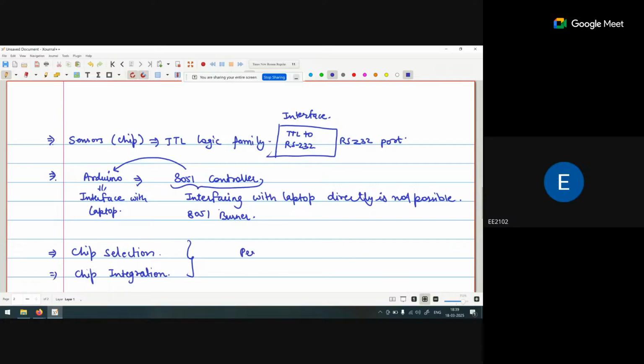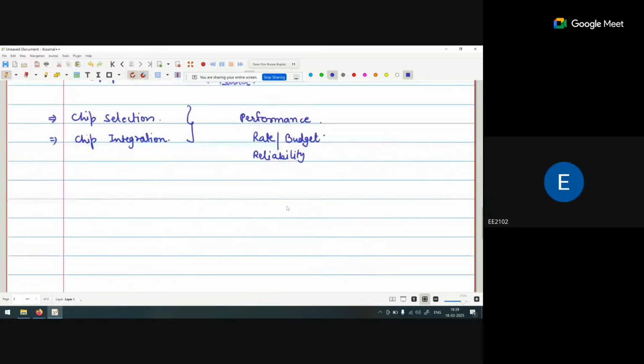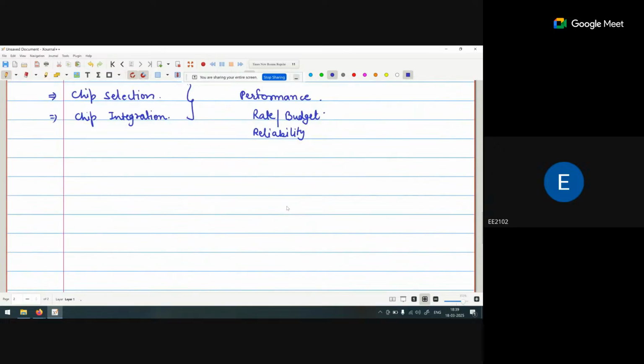First, performance. Second, weight, or we can say the budget. Third, reliability.